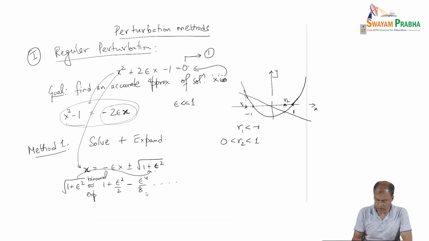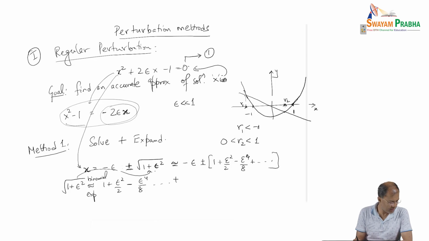Okay, so now if we plug in this expansion, there is no x here, so this is minus epsilon plus minus this. So we now see that this is going to be minus epsilon plus minus 1 plus epsilon square by 2 minus epsilon 4 by 8 and so on.